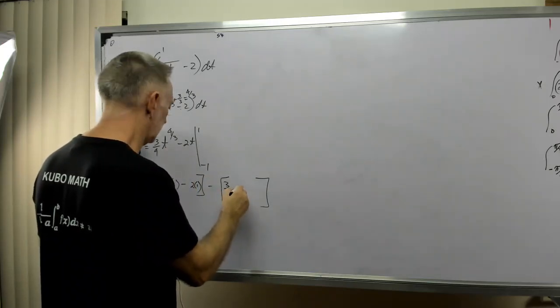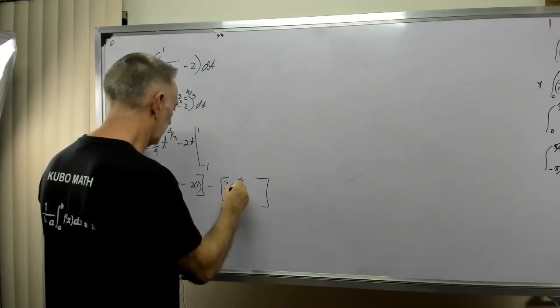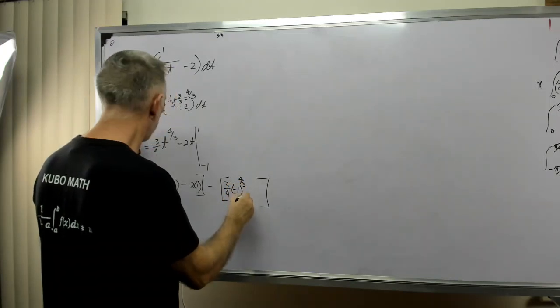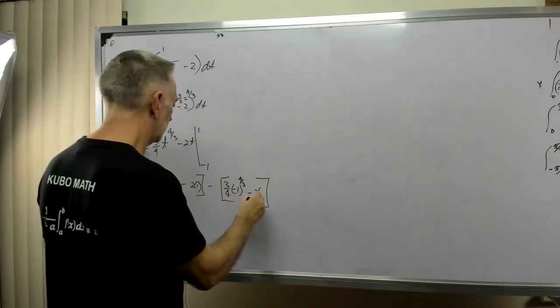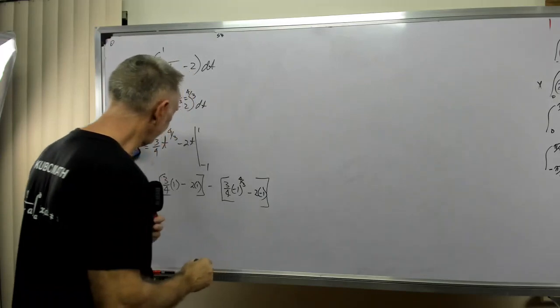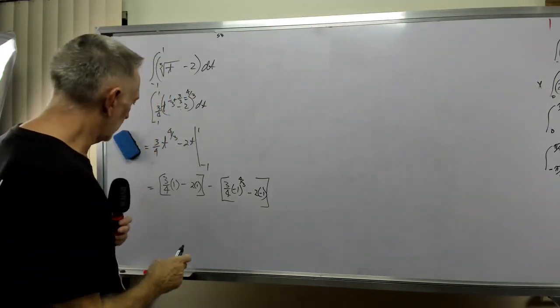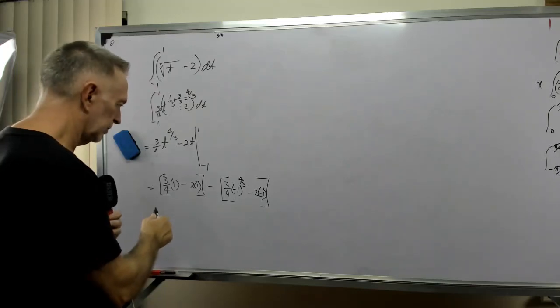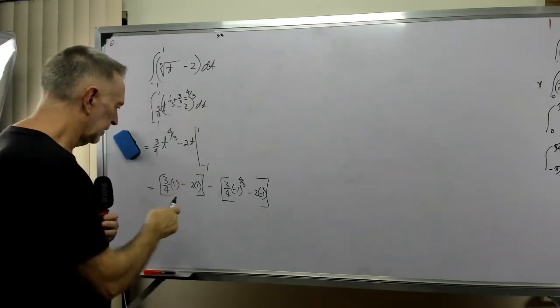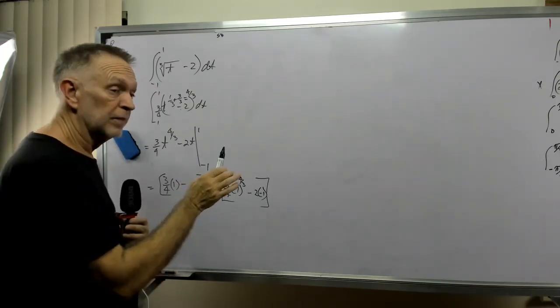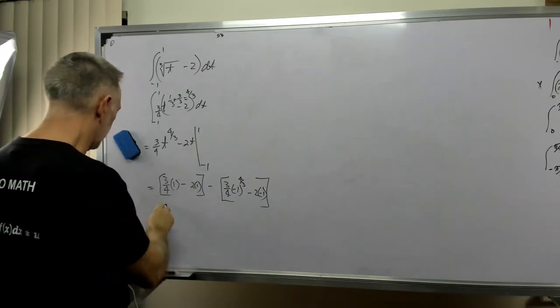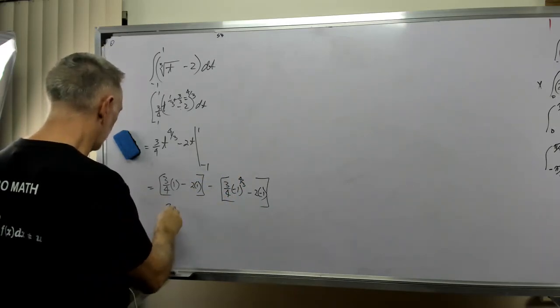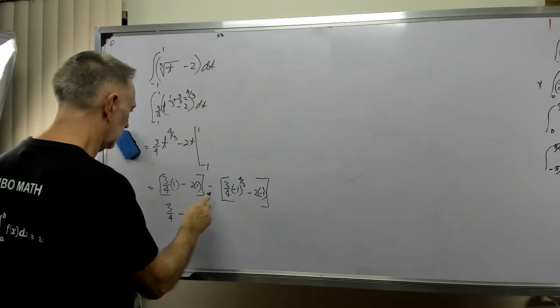Oh boy, here we go again, to the 4/3. Minus 2 to the -1. Oh boy, what do we have? All right, 3/4 minus 2. I tell you what, let's just keep it here. 3/4 times 1 minus 2.